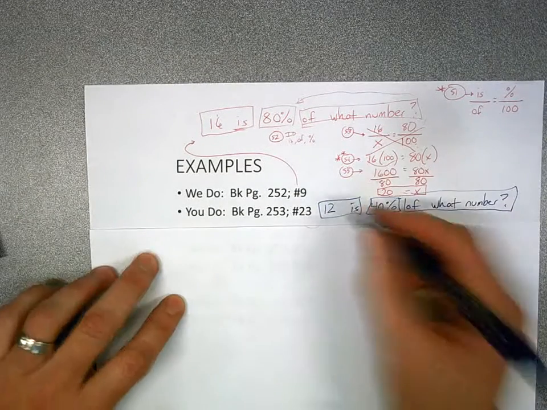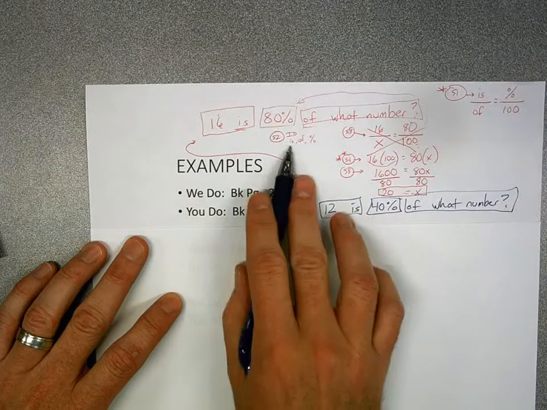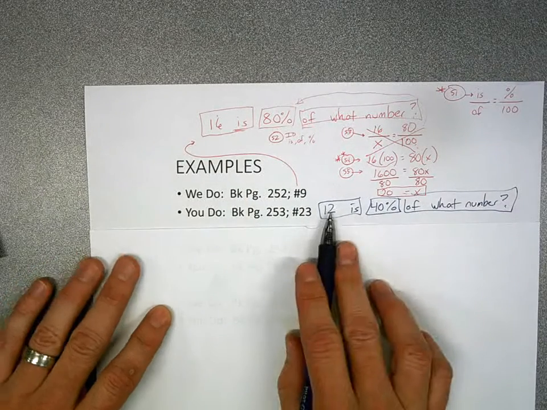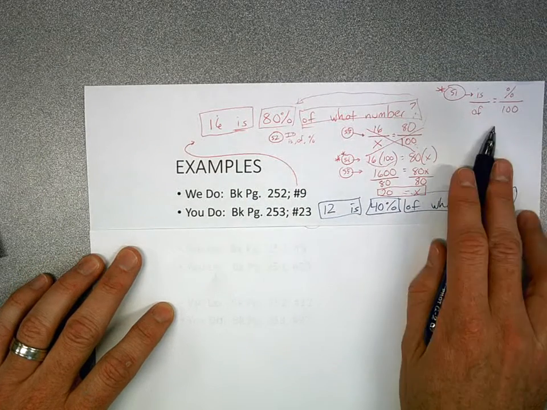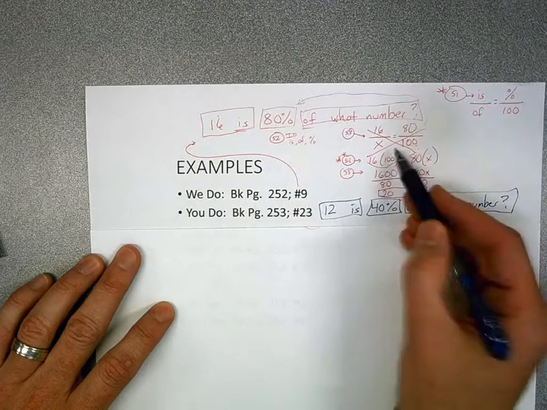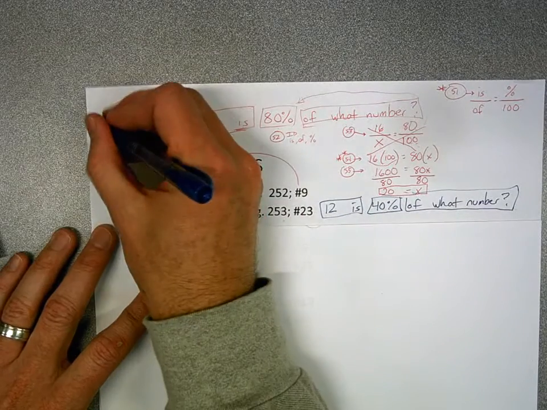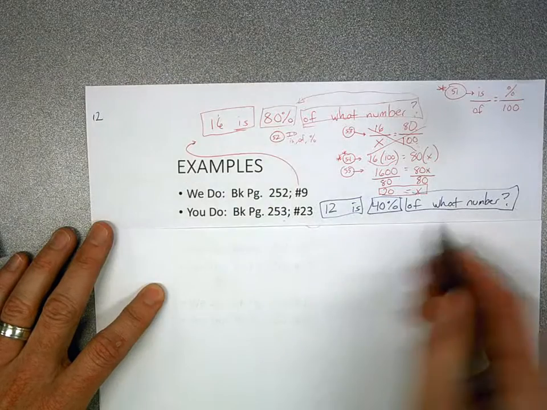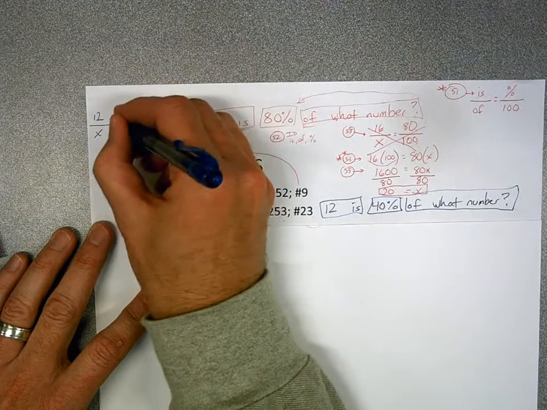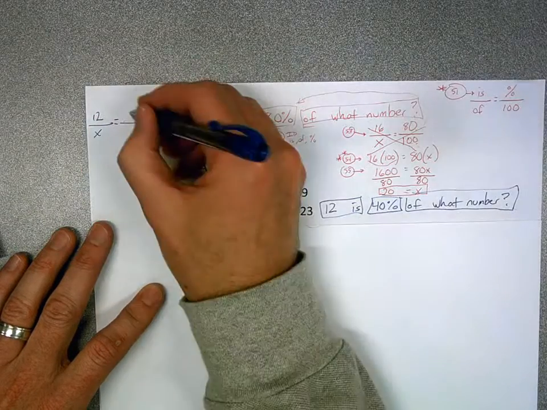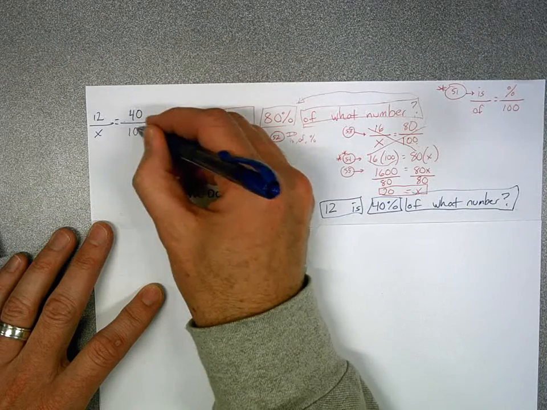Step 1 we don't have to do, it's already up here. Step 2 I just did. Step 3 is I'm going to write the proportion. The is over the of, which I don't know, so I'll put 12 over x equals, and the percent is 40, so 40 over 100.